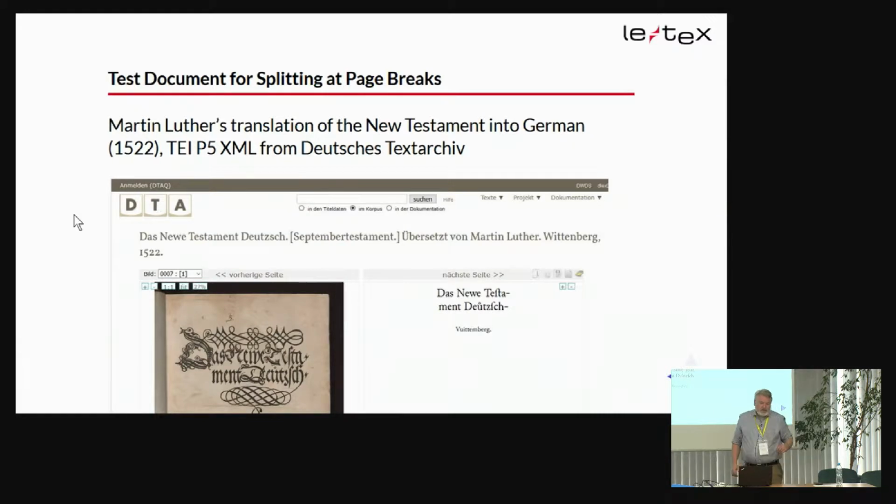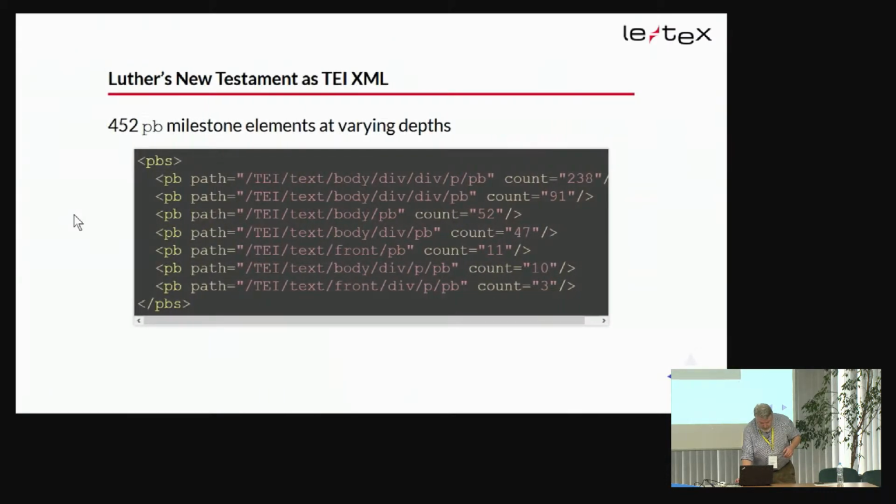I was looking for some test data, and I found the first Bible translation by Martin Luther, which was originally published in 1522, and then in 2017 as TEI P5 with embedded page breaks.